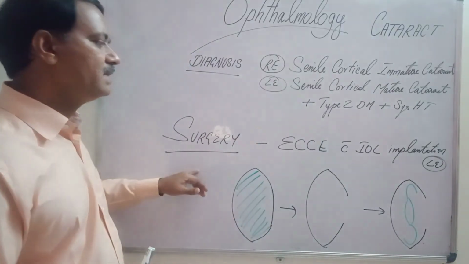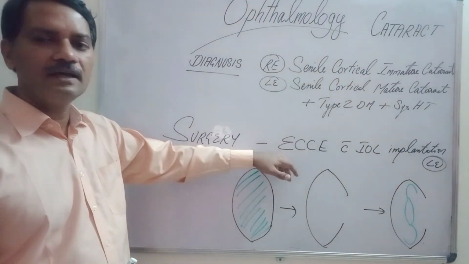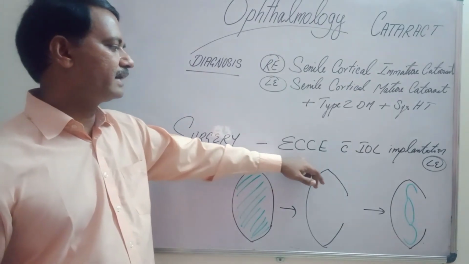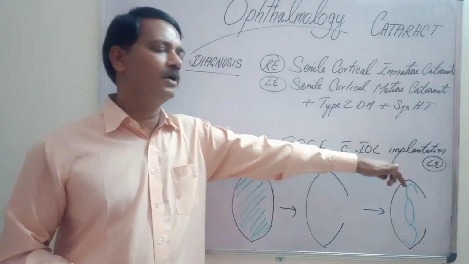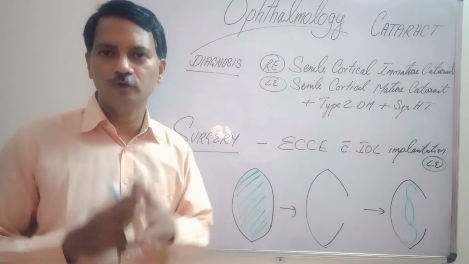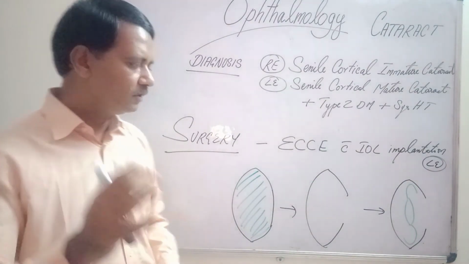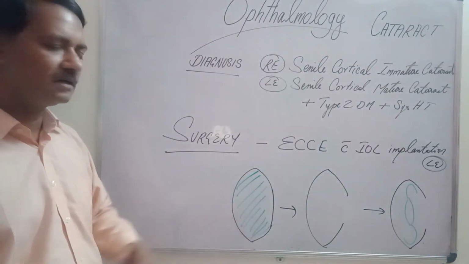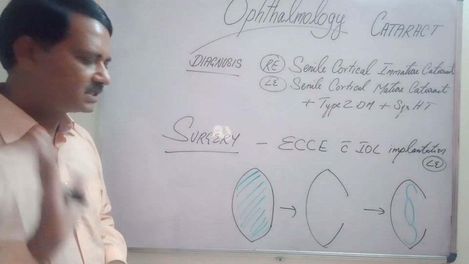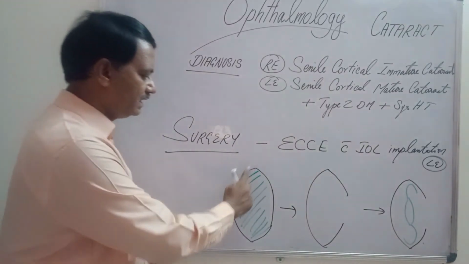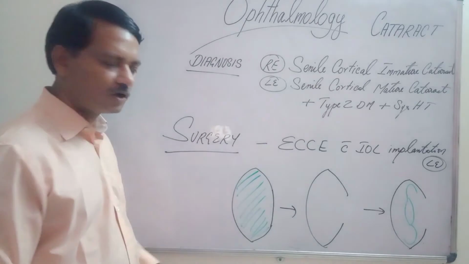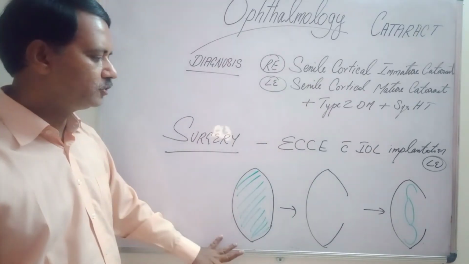As far as the left eye is concerned, we are going to do an extracapsular cataract extraction with IOL implantation. That is the surgery we are going to do. So I have drawn 3 pictures here. The basic principle of the surgery is, this is the mature cataract or cataractous lens with the capsule.